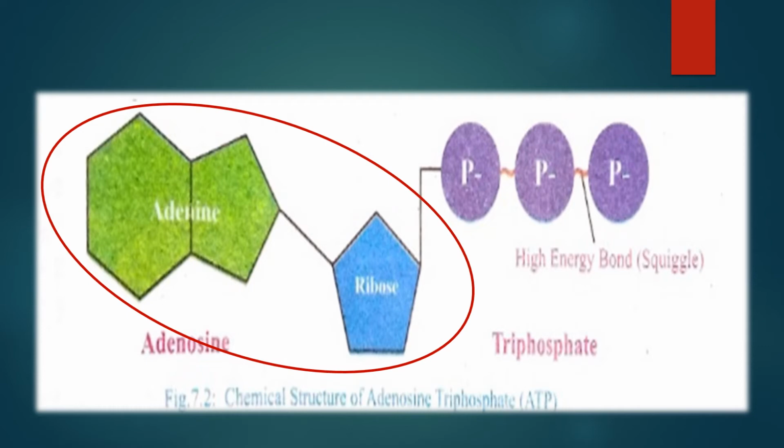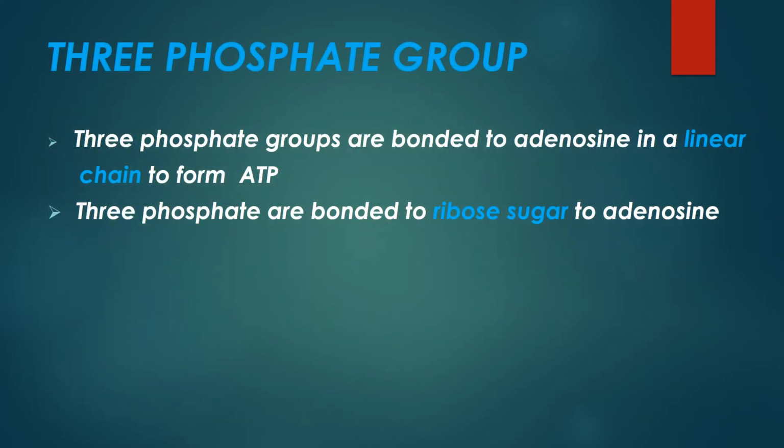So here we have adenosine, this sugar and adenine, when they are covalently bonded, this whole structure is called adenosine. Then 3 phosphate groups. As I said, the ATP molecule is composed of adenosine and 3 phosphate groups. So 3 phosphate groups are bonded to adenosine in a linear chain to form ATP. They are in line.